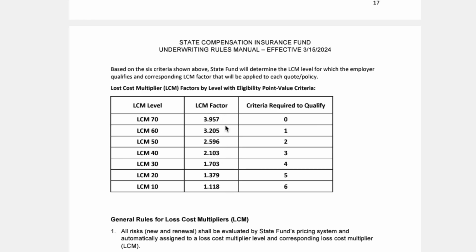So if you had your choice, obviously you'd want down here, but the way this works is every account is scored, it's given 1 point based on different questions, and an account can score a 0 up to a 6, where 6 is going to get them the greatest discount in their LCM.